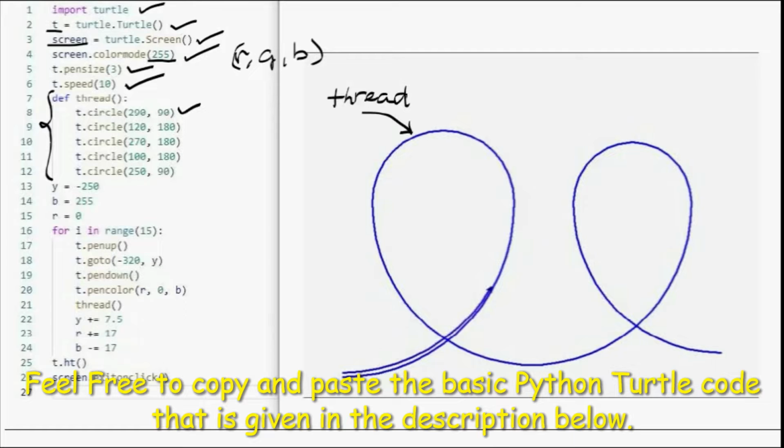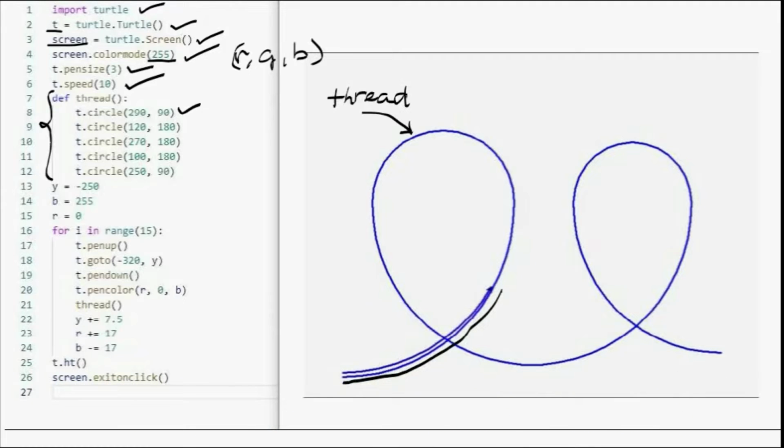It is 290 in radius. That means the arc is coming from a circle with radius 290, and this is the first arc. Okay, it will extend up to approximately here.